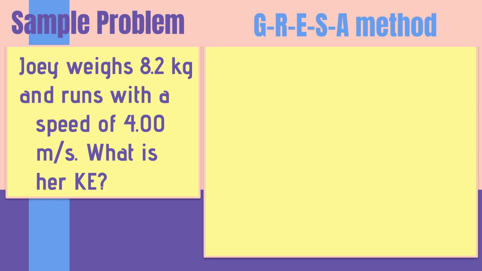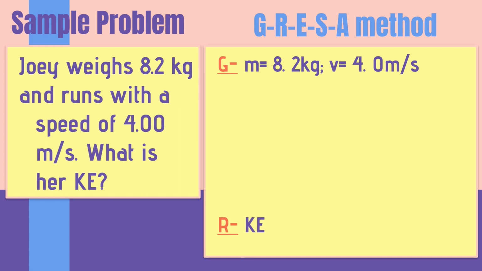So in order for us to solve the problem, we are going to use again the GRESA method. The given in the problem are 8.2 kilograms, which is mass, and the velocity of 4.0 meters per second. The required in the problem is the kinetic energy. So we're going to look for the kinetic energy.